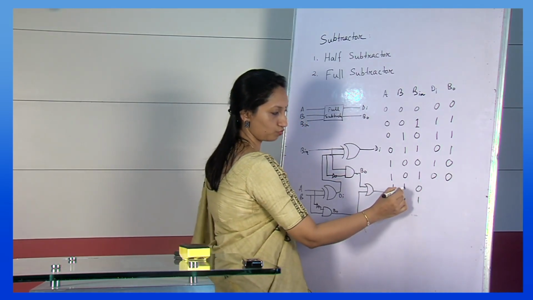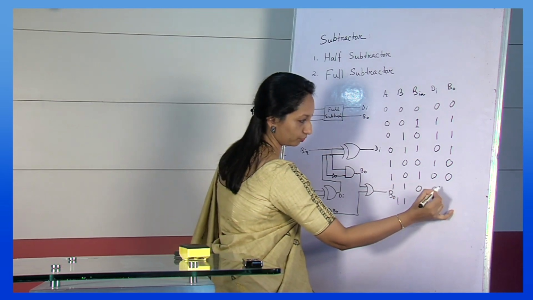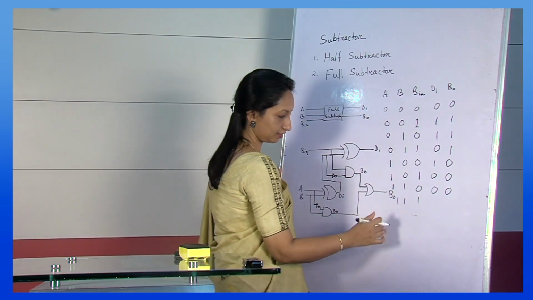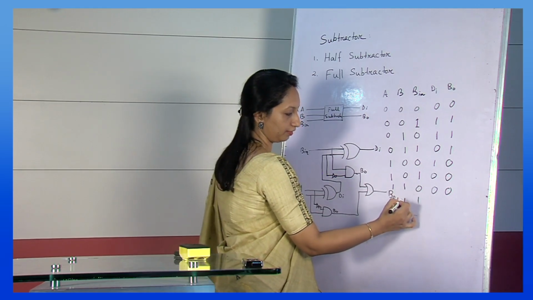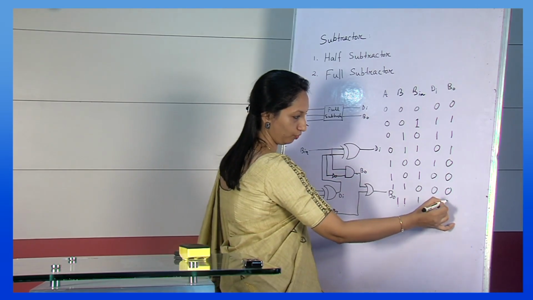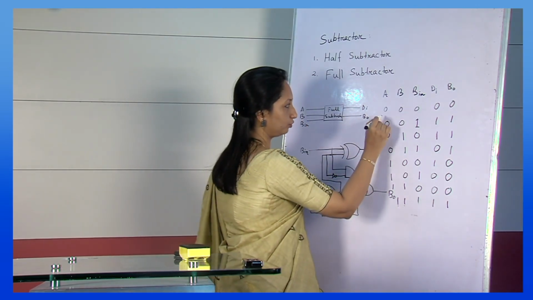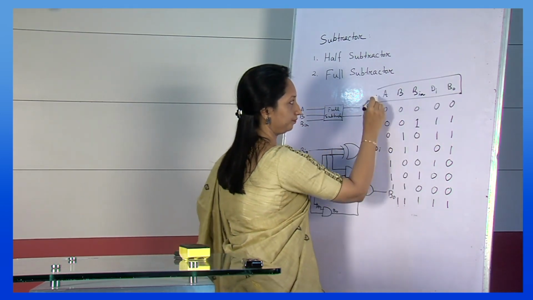Then 1 minus 1, that is 0, and 0 minus 0 is 0. So borrow is 0. And the last case, that is 1 minus 1 is 0, then 0 minus 1 is 1 and borrow 1. So this is the truth table for the full subtractor.